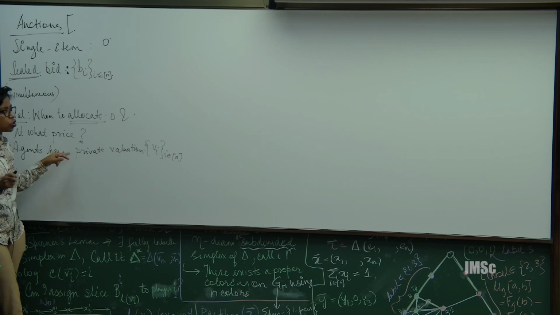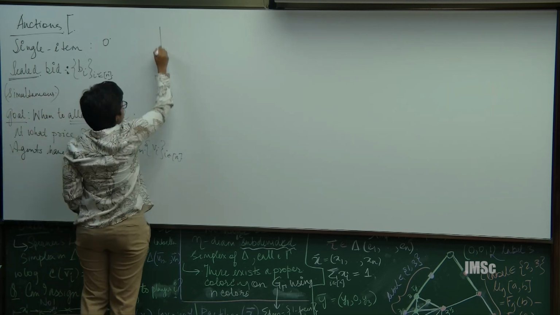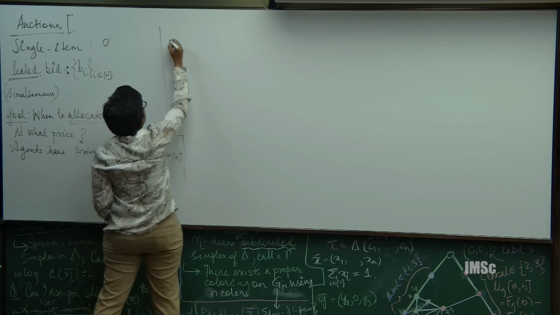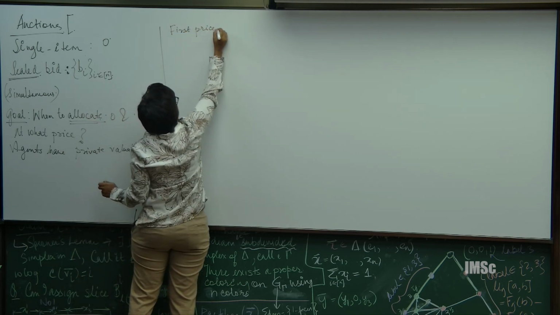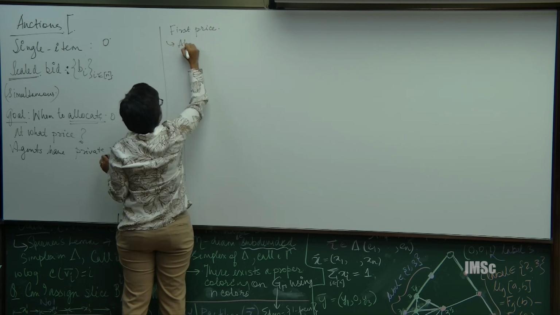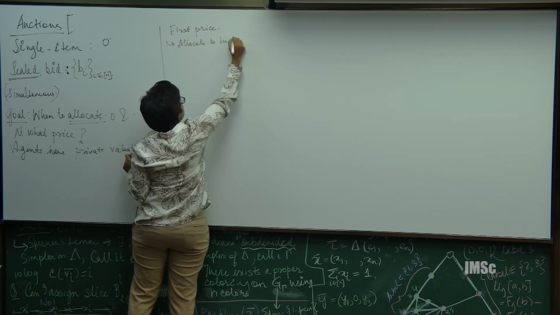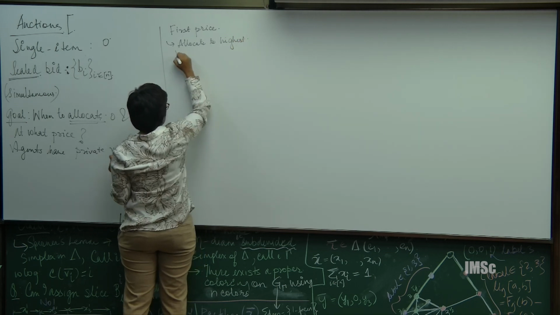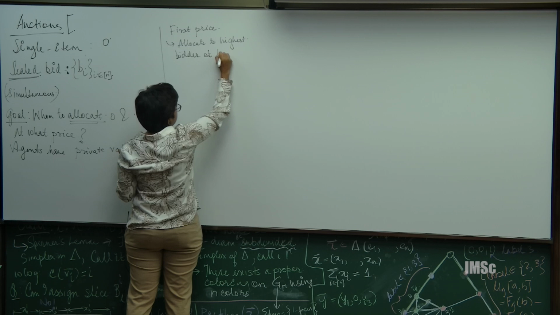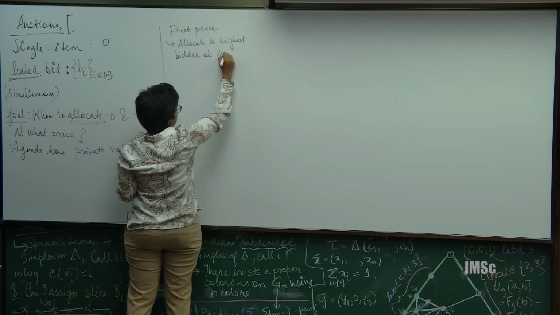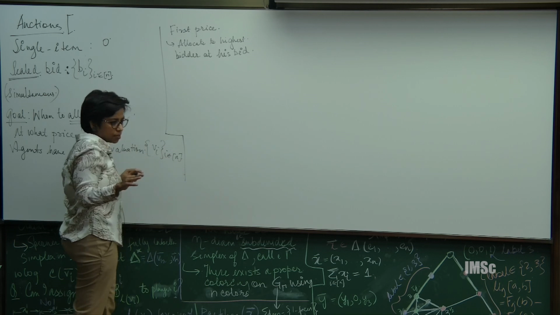This is what is called the first price auction. Allocate to the highest bidder at his bid value.